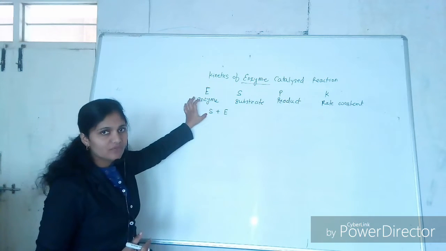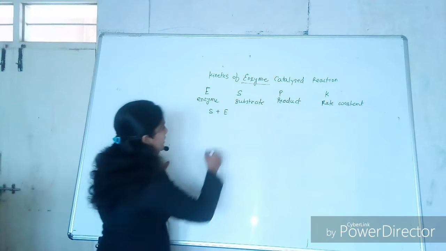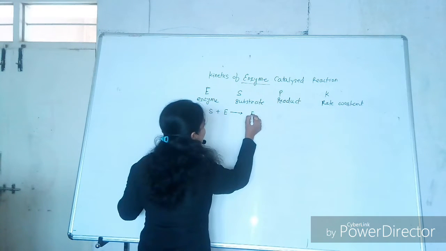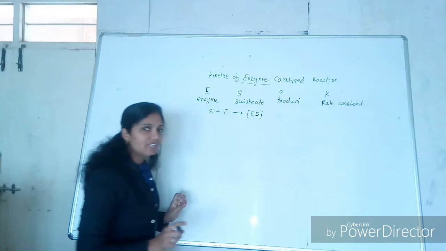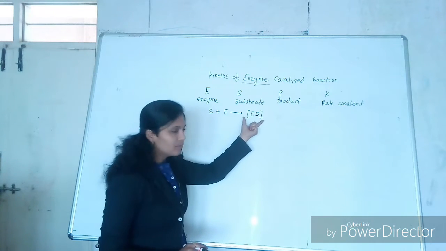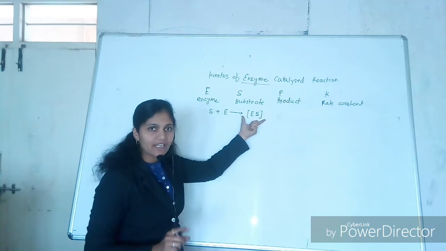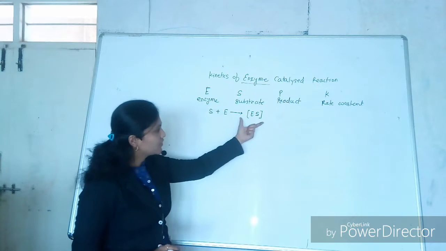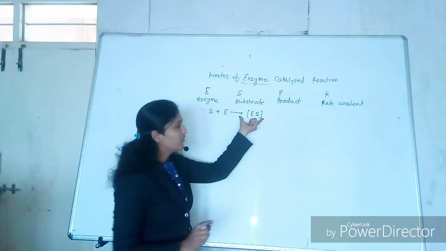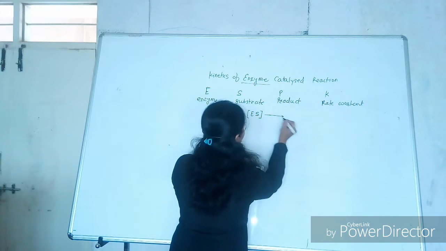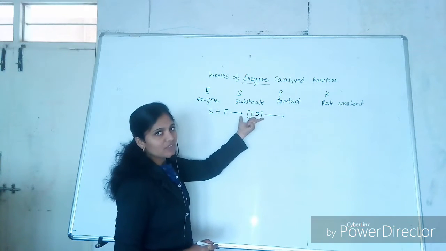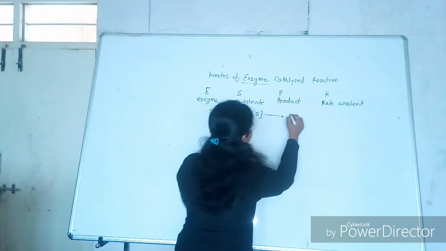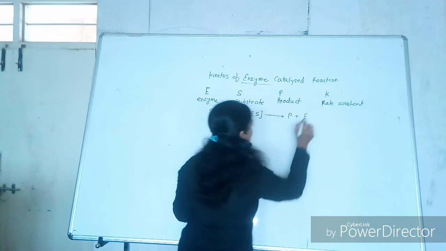When we add substrate to enzyme, we get enzyme substrate complex. This is an unstable, activated form in this reaction, so I write it in square brackets. After this, the enzyme substrate complex decomposes, and we get product plus enzyme.